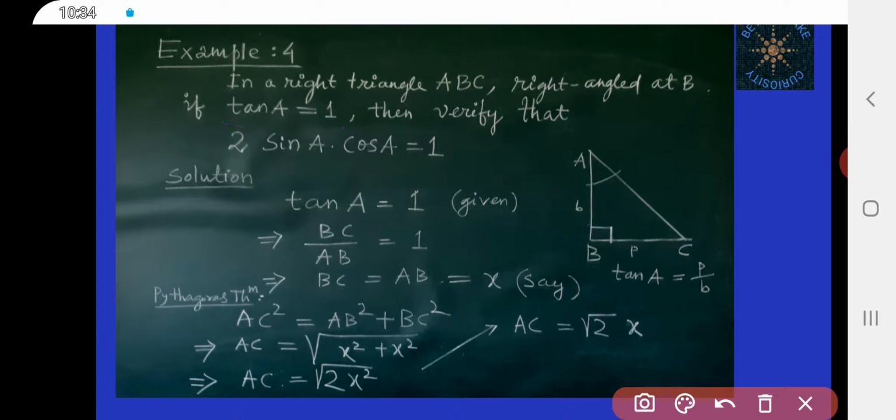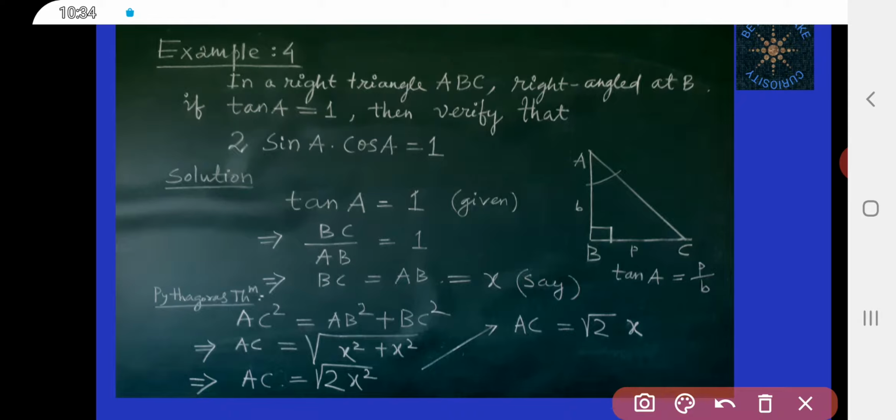So here for angle A, tan A is equal to 1 given. So P is here BC perpendicular, AB base and AC hypotenuse. So tan A is P by B, so P here BC by AB. Okay.